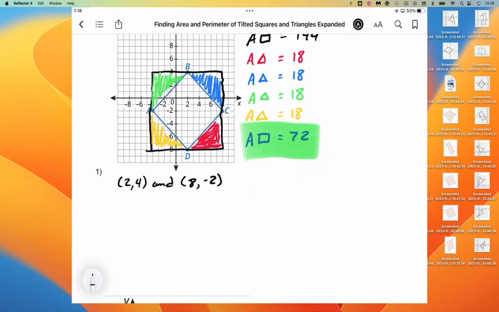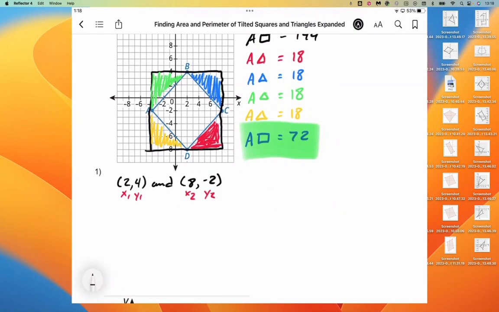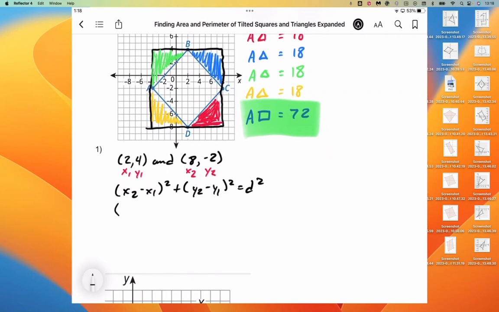And so, very important to label at this point: X1, Y1, X2, Y2. Distance formula. You have to be careful to not run out of room here.